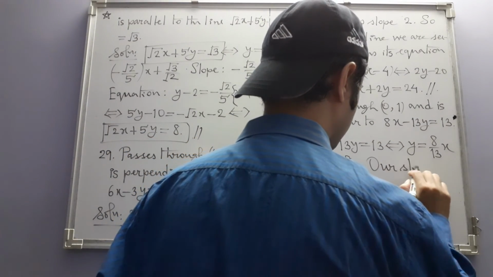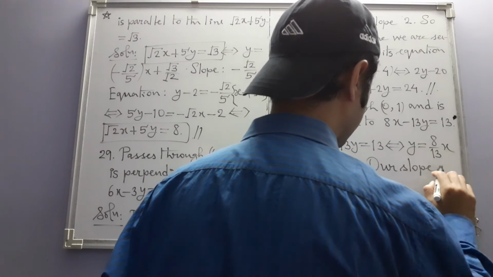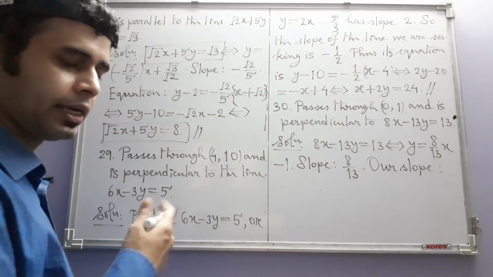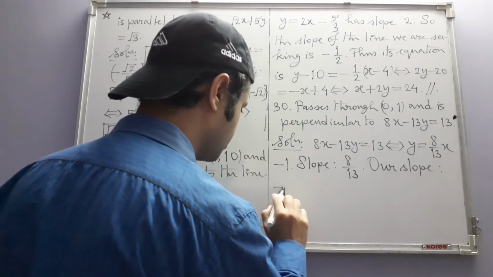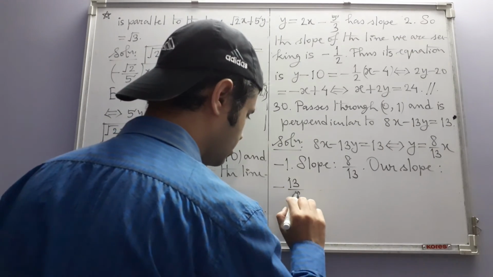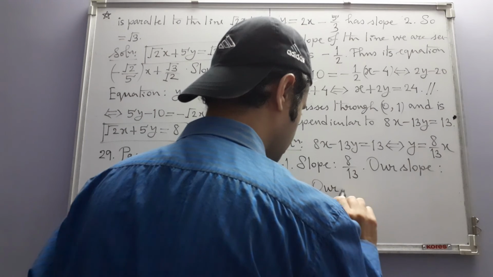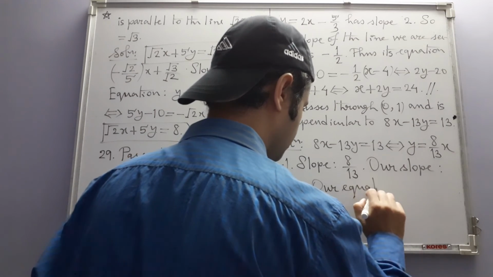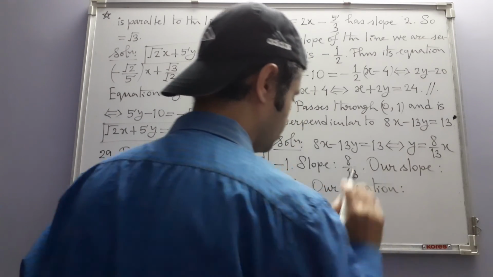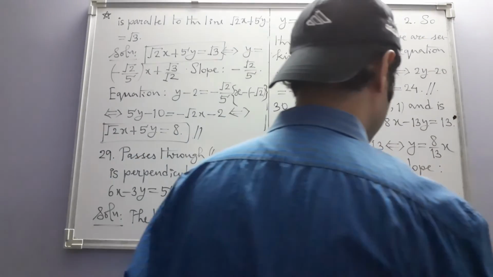Our slope, means the slope of the line we are seeking, is the negative reciprocal, minus 13/8. And the equation of the line we are seeking hence will be this.